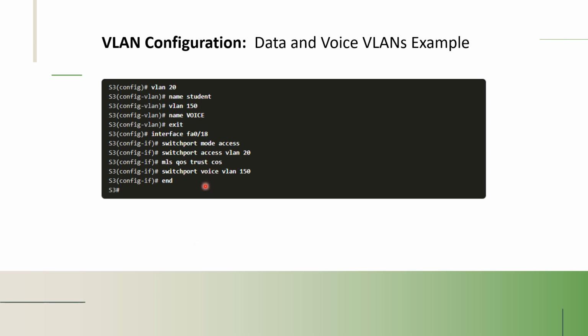And then with switchport voice vlan followed by the VLAN ID, you are saying that this interface will be able to handle the voice traffic for VLAN 150.